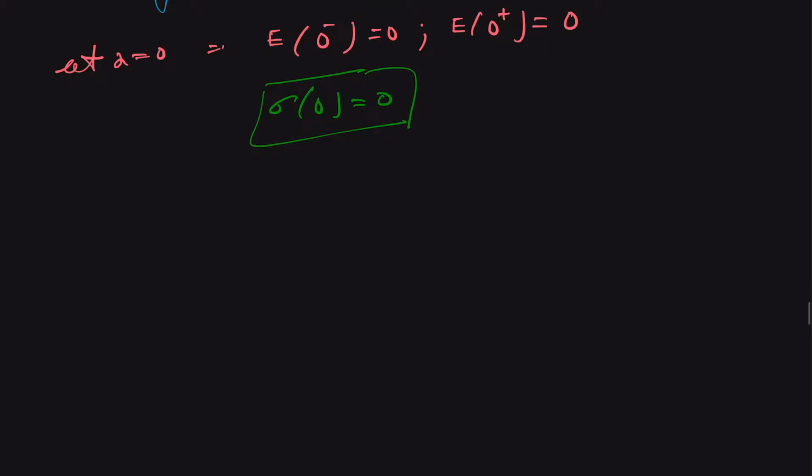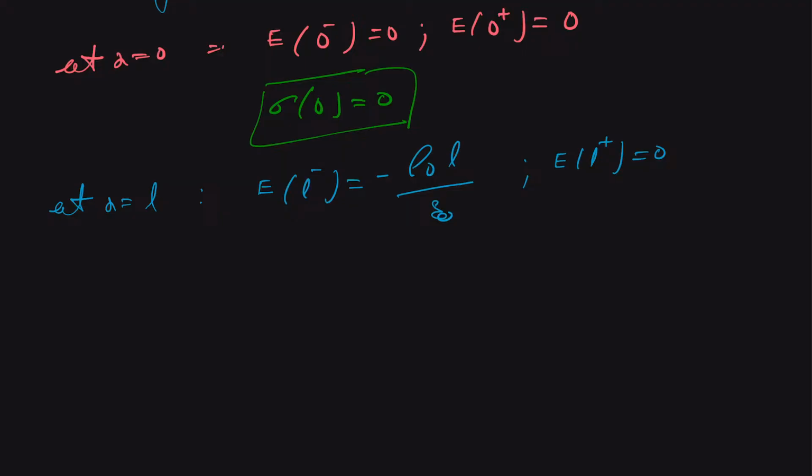Now we come to x equal to L. At x equal to L, we can say that the electric field at L negative is minus rho naught L upon epsilon naught. Okay. But the electric field at L positive is equal to 0.